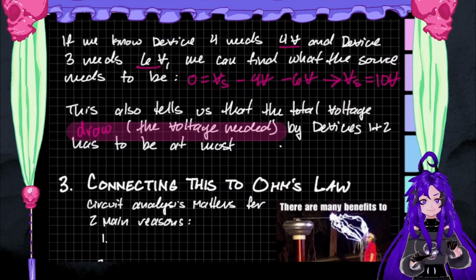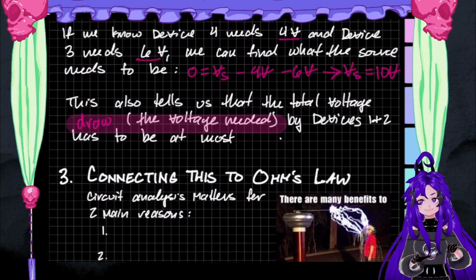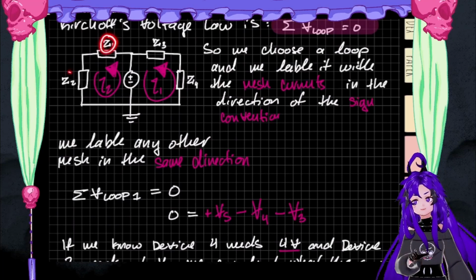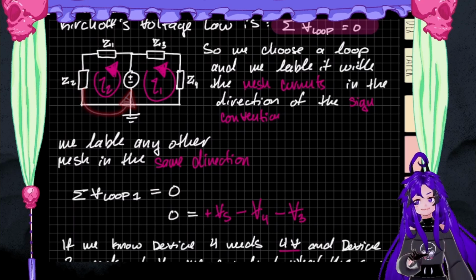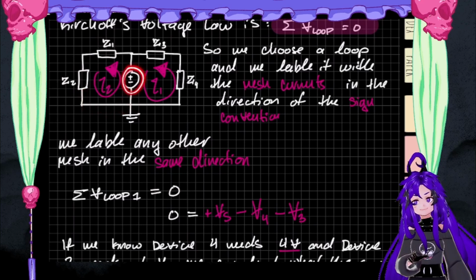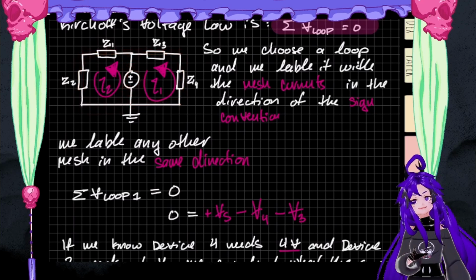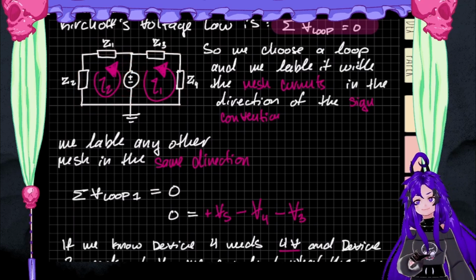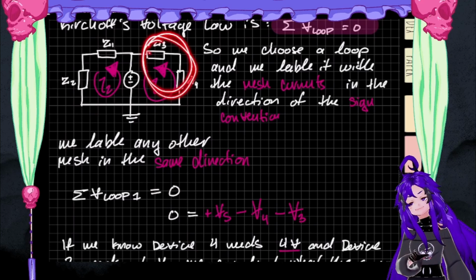So it also lets us know that the devices Z1 and Z2 must only take up to 10 volts, right? Because these are parallel circuits running off of the same voltage source. So this could be like, I've got one battery in my toy truck, and some of the lights are attached to that battery.